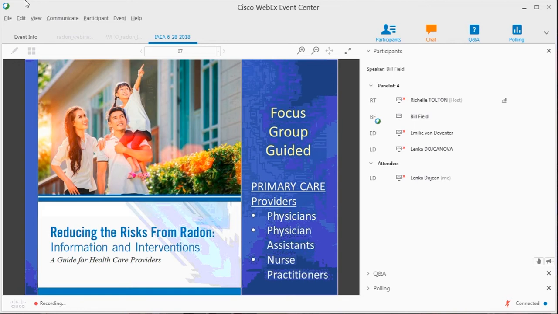So we had a lot of different perspectives and focus groups that helped us to decide what the content of the document should be, the scope of the content, and different details and motivational factors that we could put in the guide.